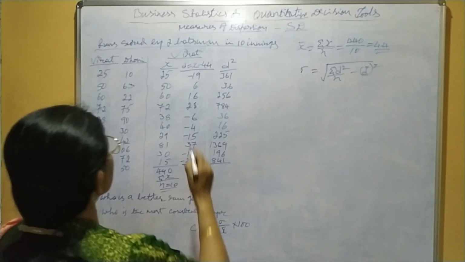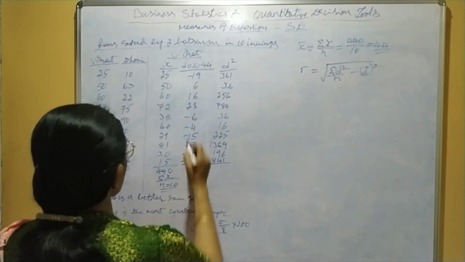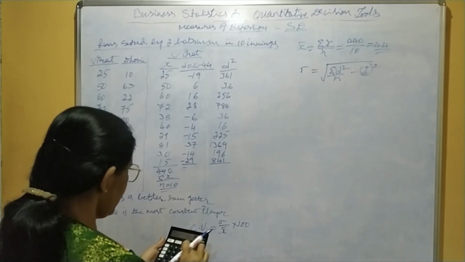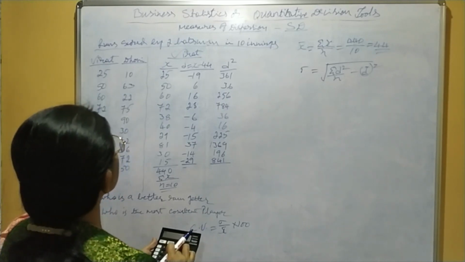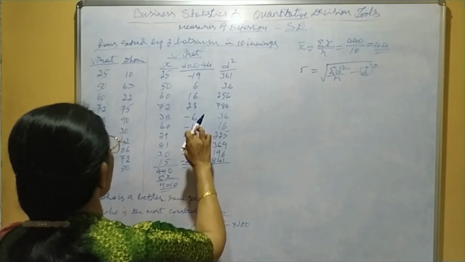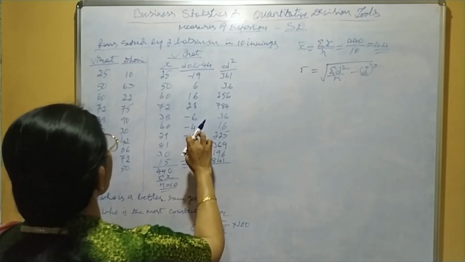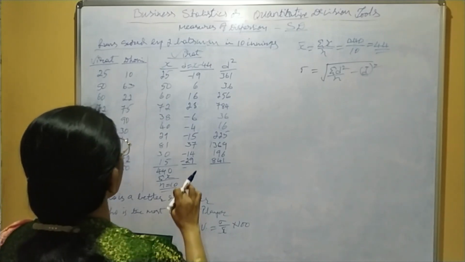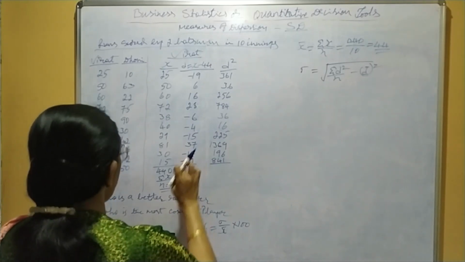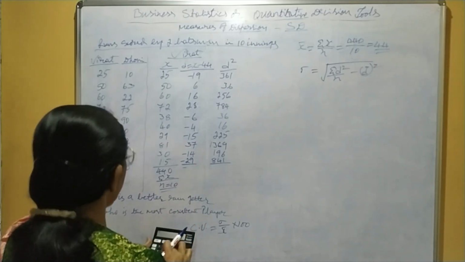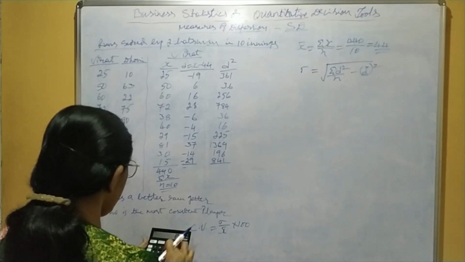Now here take minus values total separately and plus values separately. Minus 19 plus minus 6 minus 4 minus 15 minus 25 plus minus 14 plus minus 29.